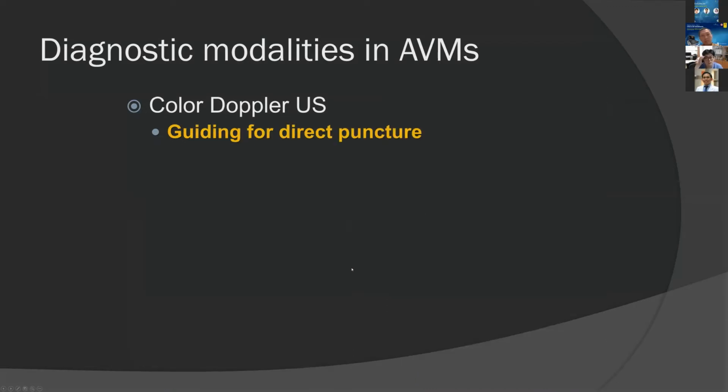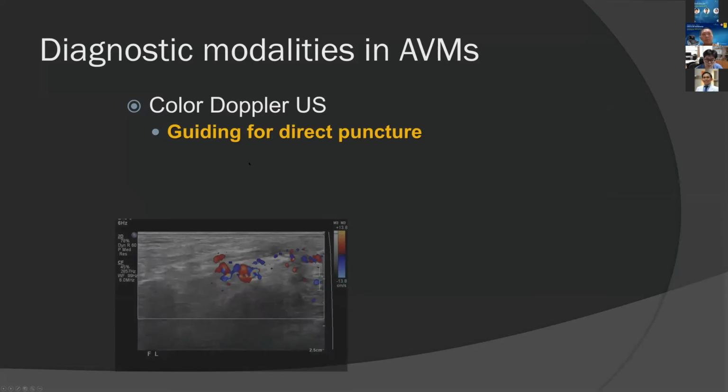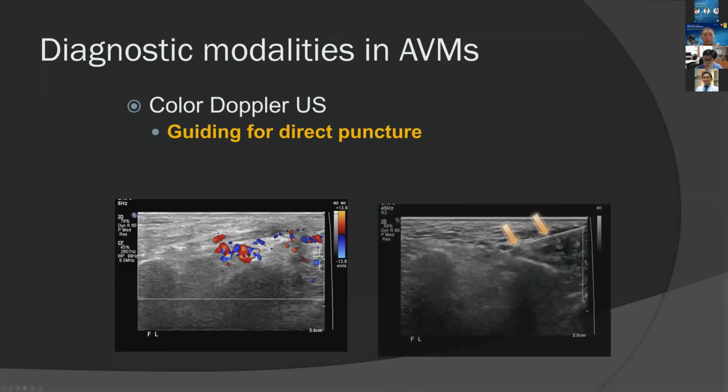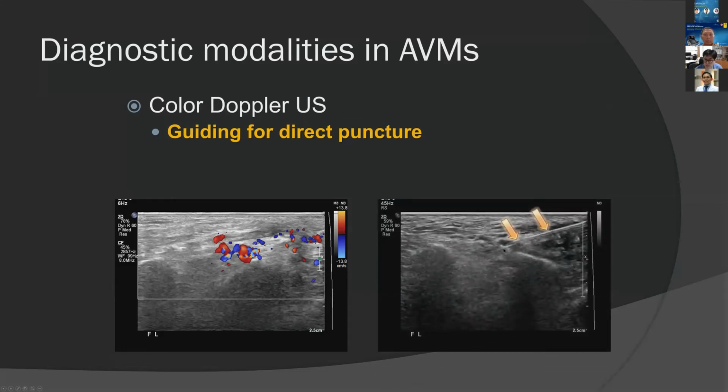And also guiding for the direct puncture is very important during the procedure. Doppler ultrasound can give us a safe puncture of the target nidus after identifying with the color US.